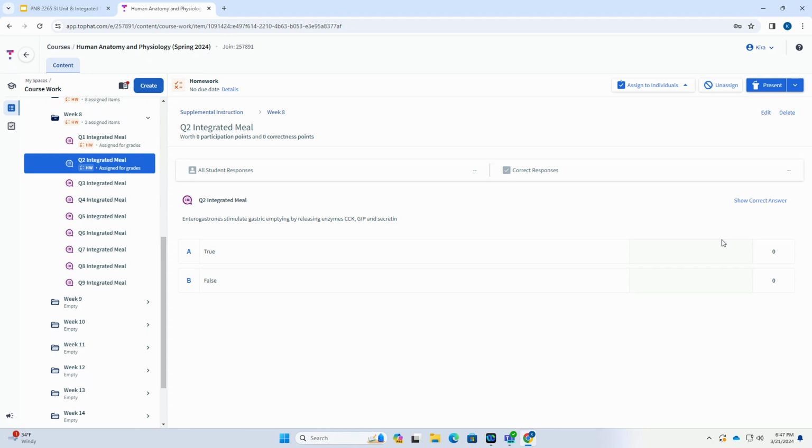Enterogastrones stimulate gastric emptying by releasing the enzymes CCK, GIP, and secretin.